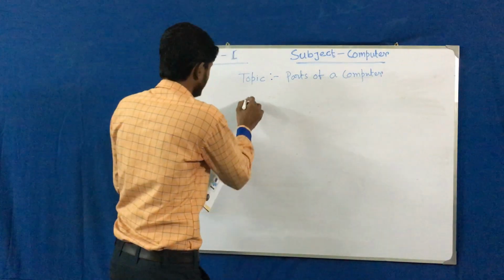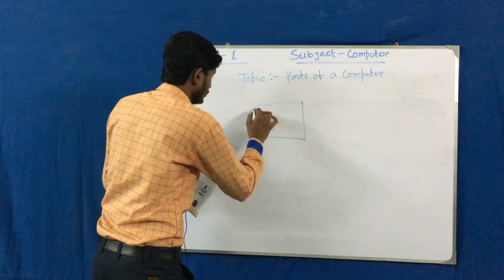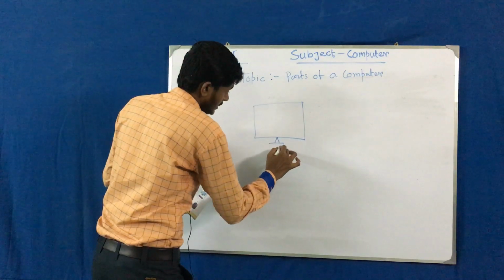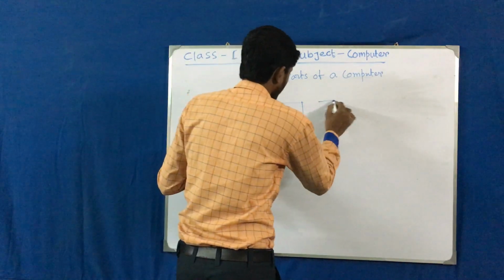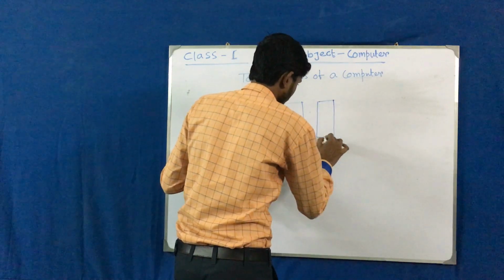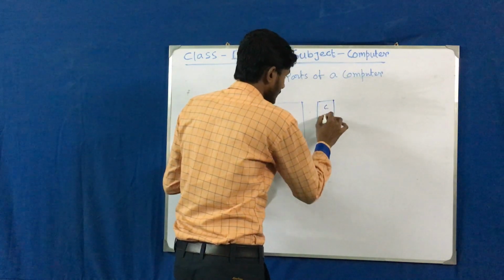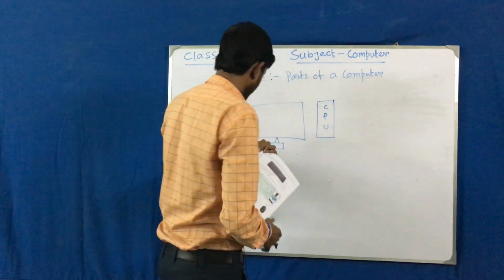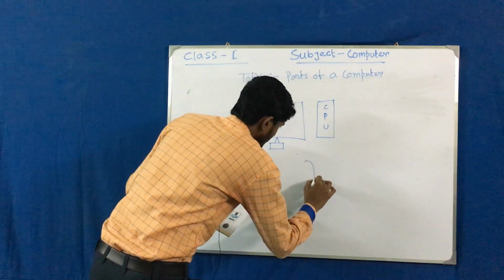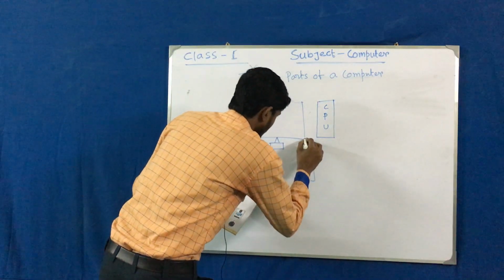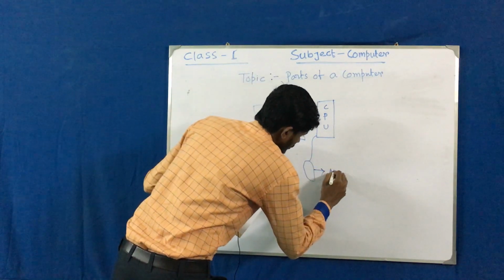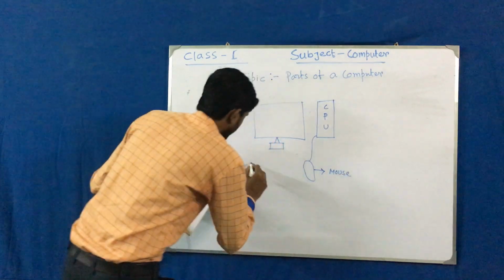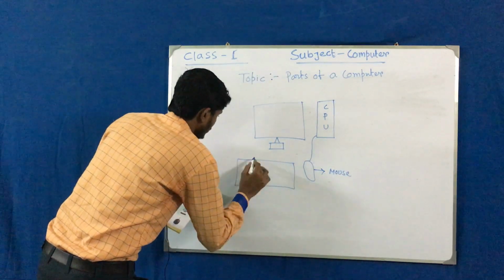So the first one is, suppose this is a monitor, clear, and this one is the CPU, and here is the mouse, connected with the CPU, and here is the keyboard.